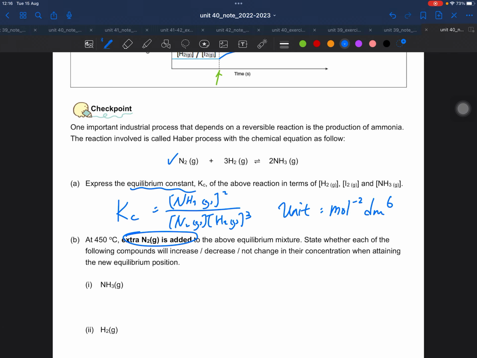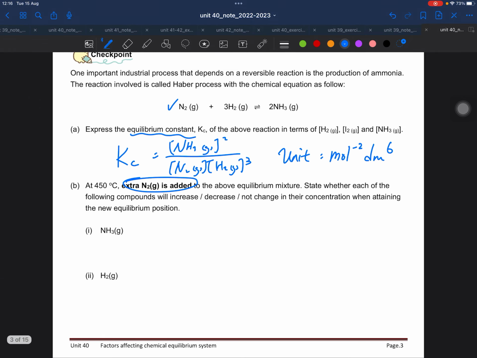In order to keep Kc unchanged, since N2 is added, that means the denominator is greater.